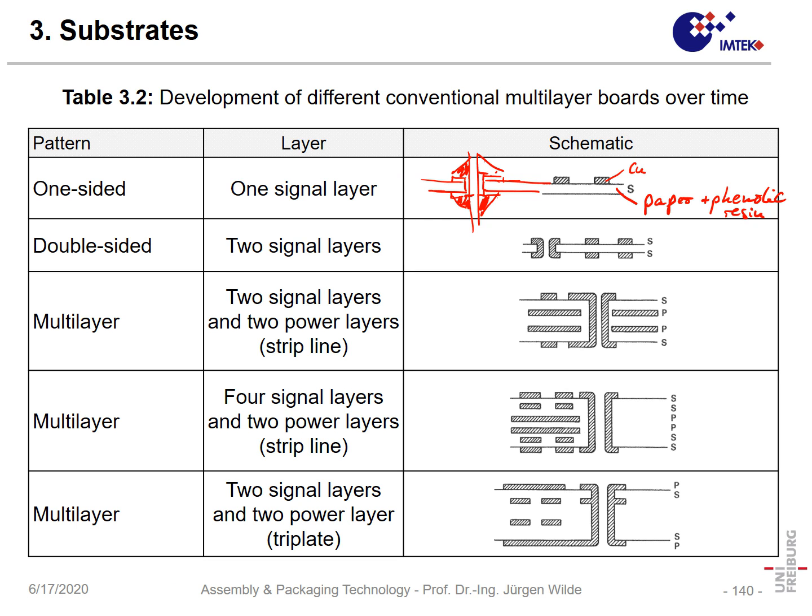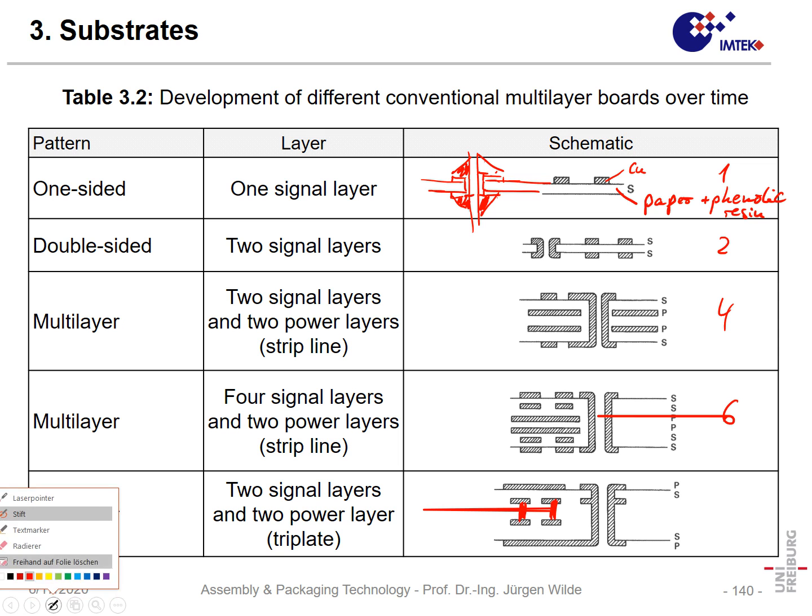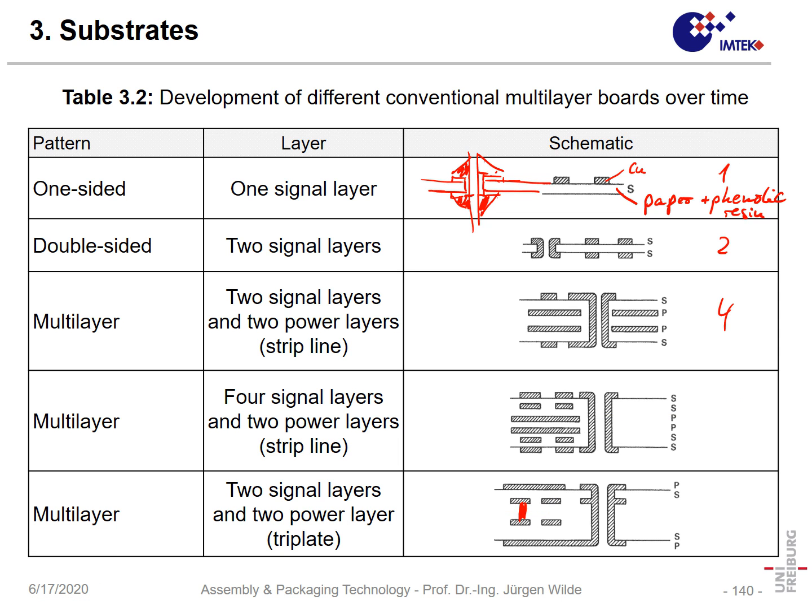For instance, here we have 6 layers. Okay, there are several variations. What is also important, sometimes we need some intermediate interconnections between these layers we have. So here, how many would it be? 2, 4, yeah.